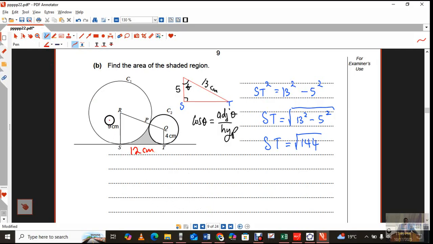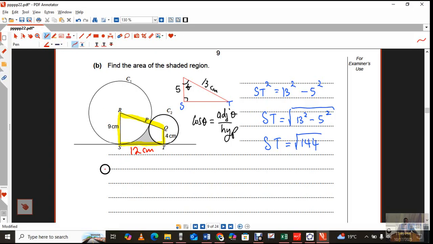Right. If you were to look at this, and I'm going to show you by highlighting it, this here is a trapezium. Can you see that? Whenever you're dealing with a trapezium, I'm going to find the area of the trapezium.